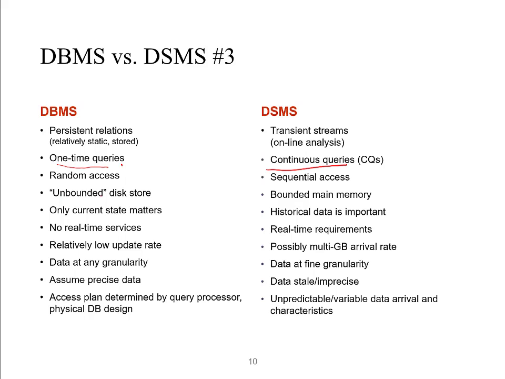For DBMS, we have an unbounded disk store versus a bounded main memory in DSMS. Only current state matters versus historical data is important. No real-time services versus real-time requirements. We have mentioned this before. Relatively low update rate versus possibly multi-gigabyte arrival rate.